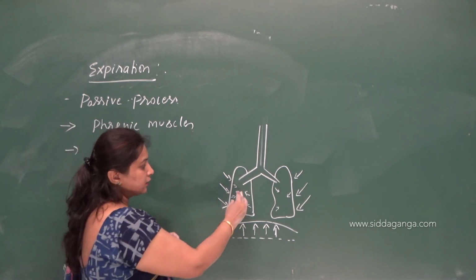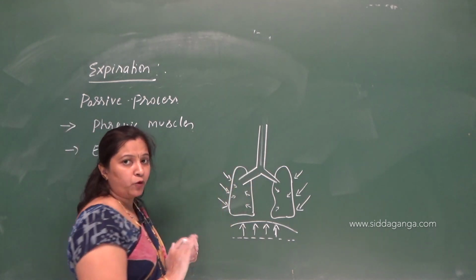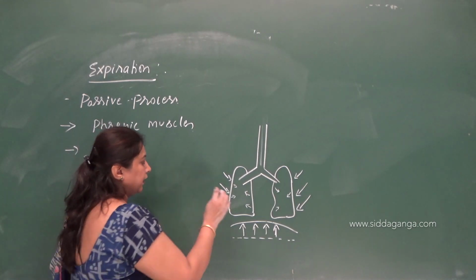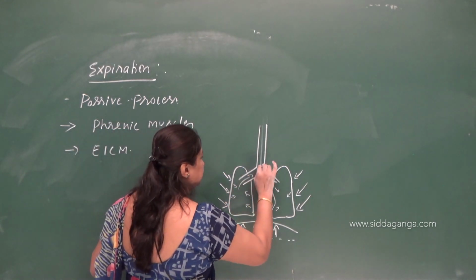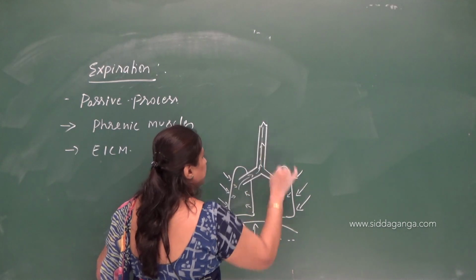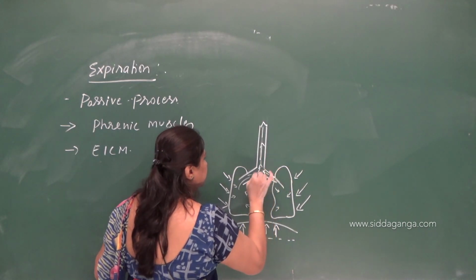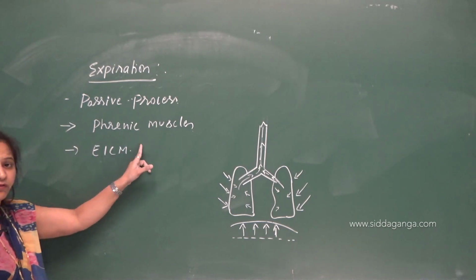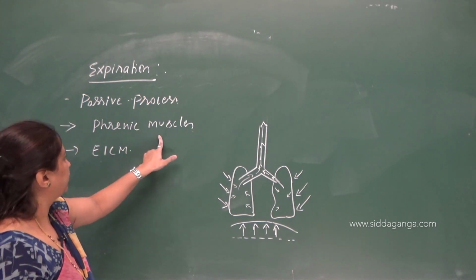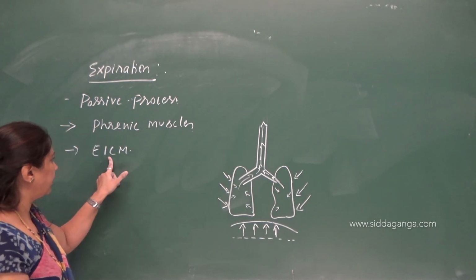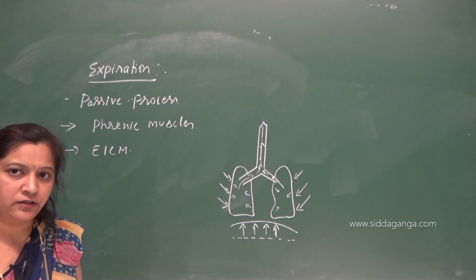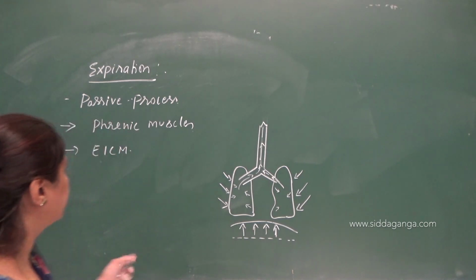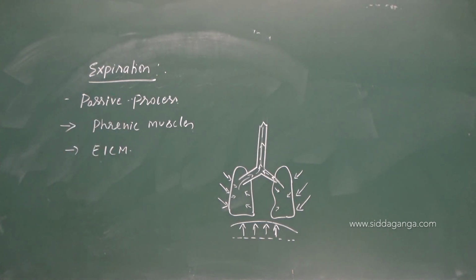The pressure is more inside the lungs than the atmospheric pressure, so the air which is present in the lungs is expelled out. So this is what expiration is. Expiration occurs because of the relaxation of phrenic muscles and external intercostal muscles. Understood clearly?